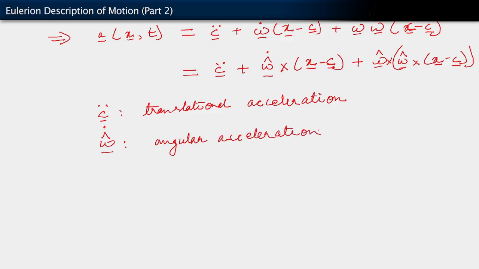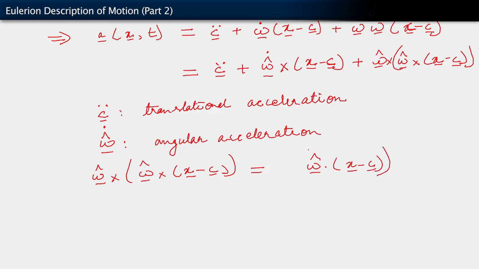And the last term, which is given to us by omega hat cross omega hat cross x minus c, using a property of the cross product applied to a cross product, can be written as omega hat dotted with x minus c, which is a scalar multiplying omega hat, minus omega hat dotted with omega hat, a scalar multiplying x minus c.